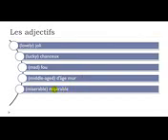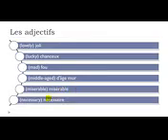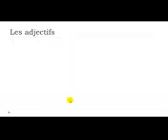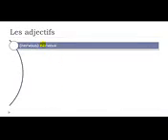Misérable. Okay, don't insist on the final E here. You get this bl sound at the end. Okay, misé, and because you've got this accent aigu, rable, misérable. Nécessaire. Don't insist on the final E. Nerveux.